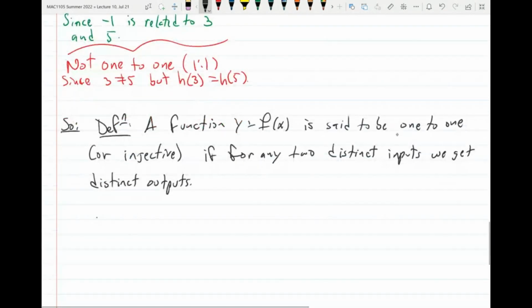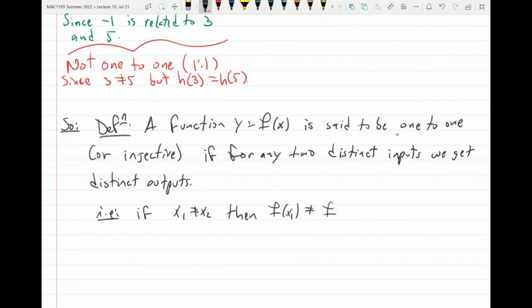More formally, in other words, if x1 is different than x2, then f of x1 must be different than f of x2. So that's what it means to be one-to-one.